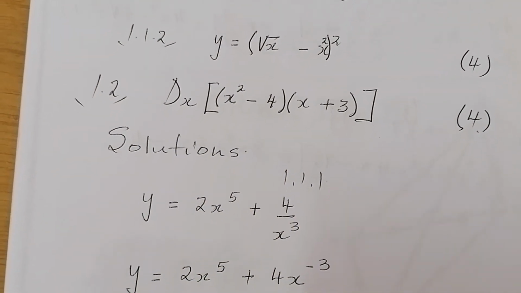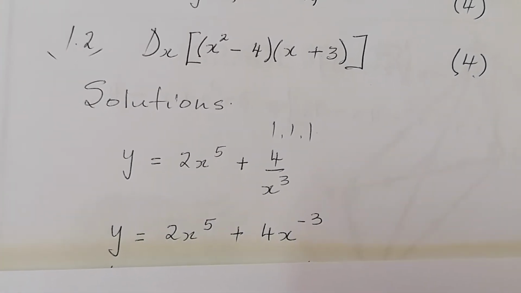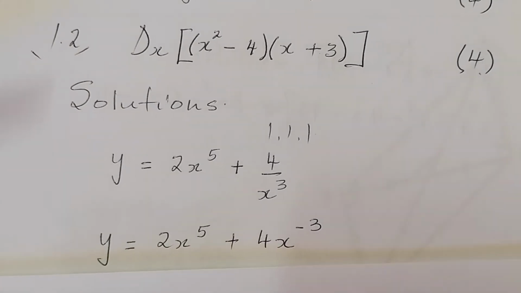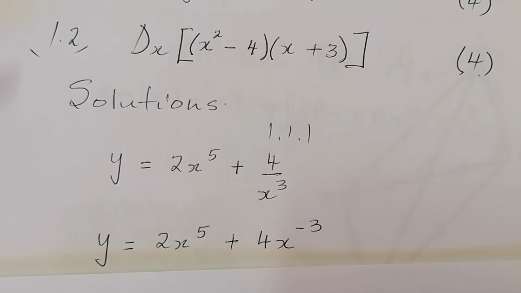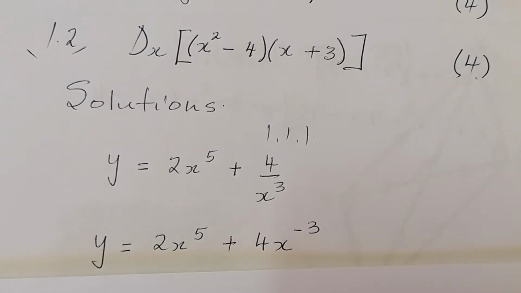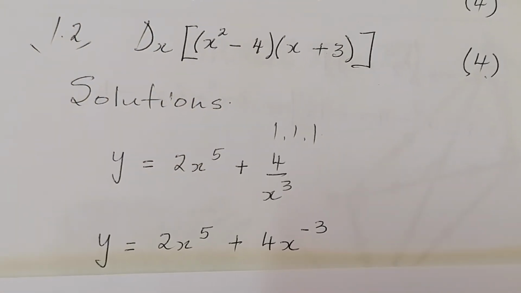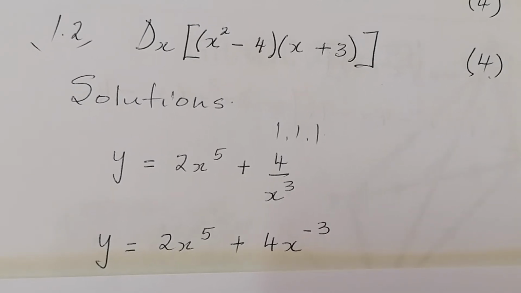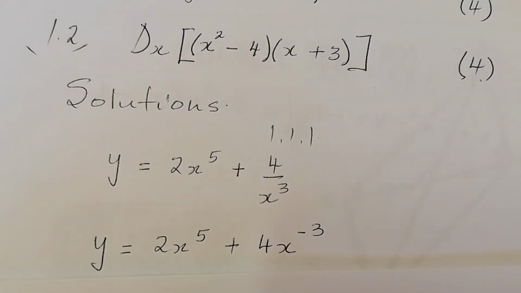Using what I know from the exponents, that if I have a to power minus n, that is exactly equal to 1 divided by a to power n. Now, if I have 1 divided by a to power n, that means I have a to power minus n.